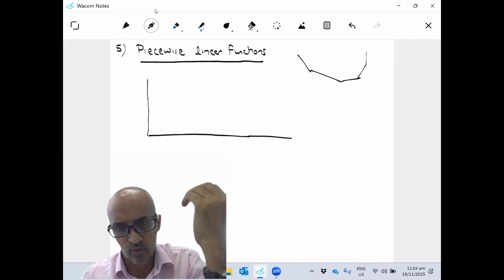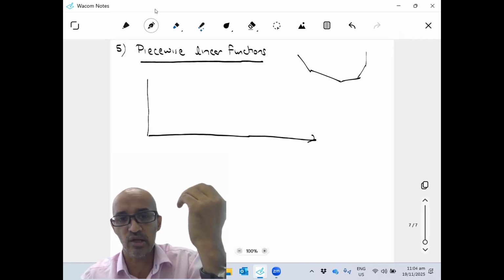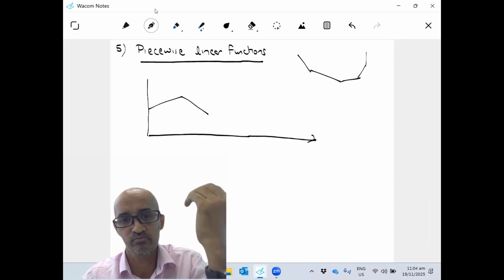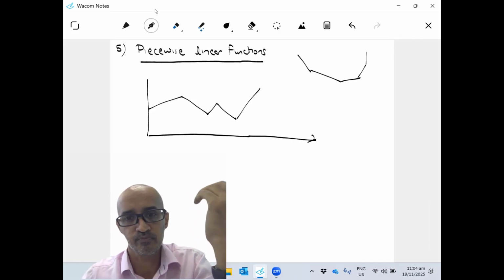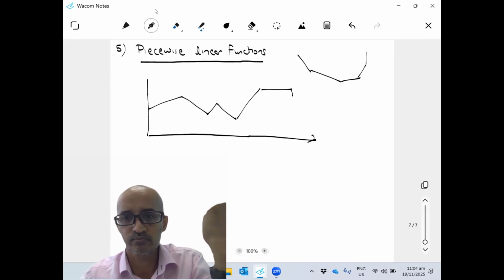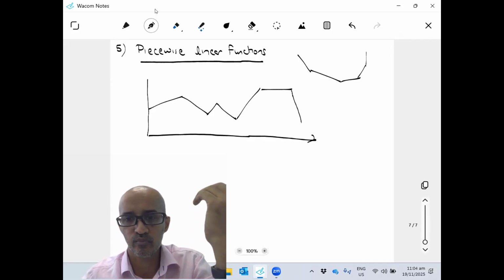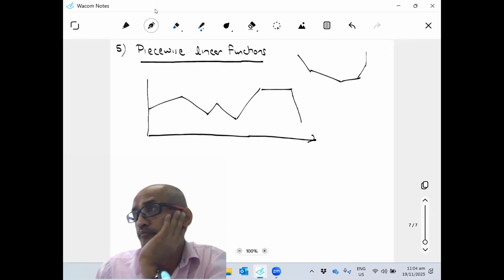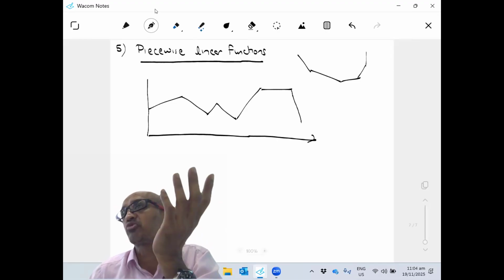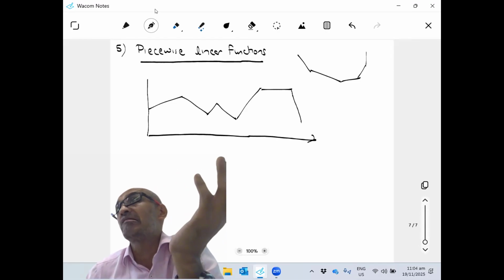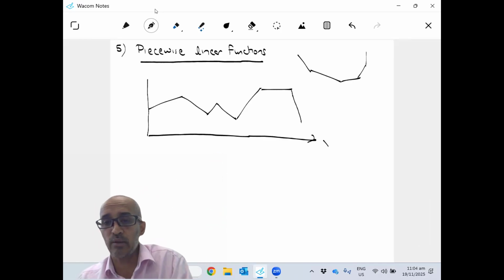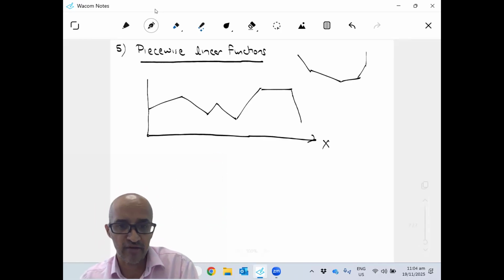Let's say I've got a function which maybe looks like this. This is clearly not piecewise linear convex, but it's piecewise linear. Let's say I've got a variable x. What's a piecewise linear function?